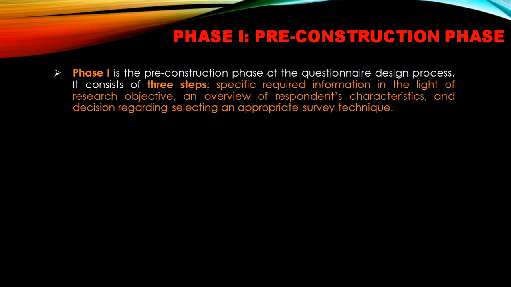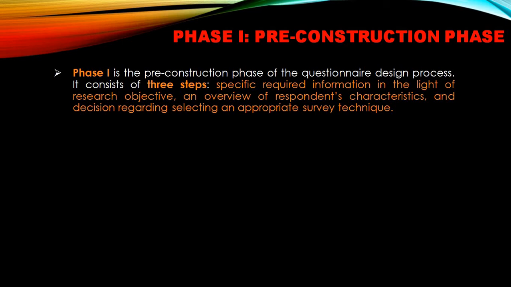Now phase 1, the pre-construction phase. It consists of 3 steps. The first is to specify the required information in the light of the research objective. You have to be very clear and specific about the requirements from the research objective.